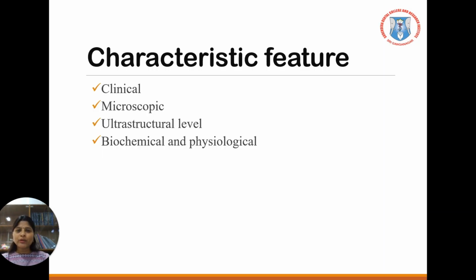These pathological changes are reflected clinically as clinical findings. Microscopically, changes occur at the ultrastructure level, and because of all these, biochemical and physiological alterations are seen in the gingiva.